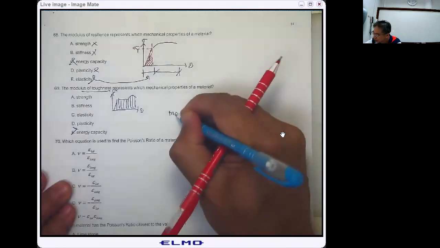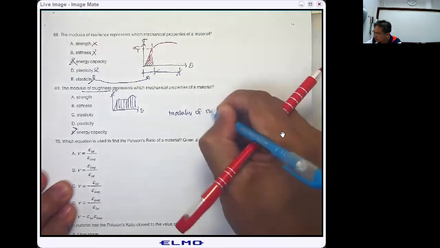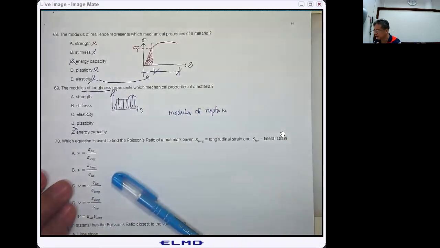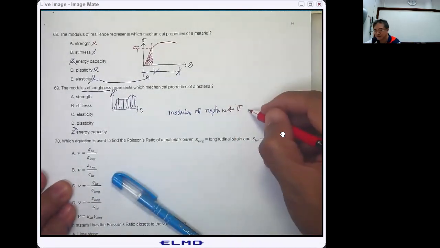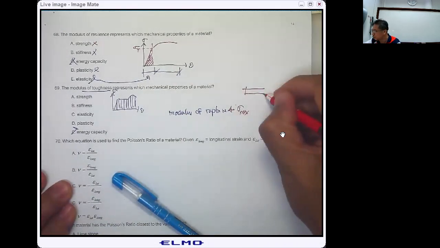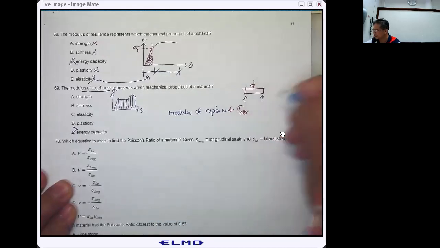We have the modulus of rupture. The modulus of rupture is what? The modulus of rupture is the maximum stress when you do this kind of flexural test.